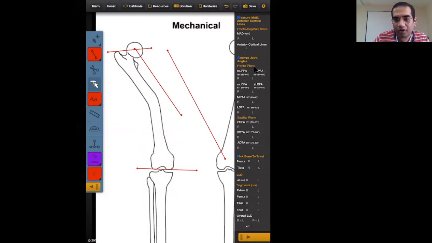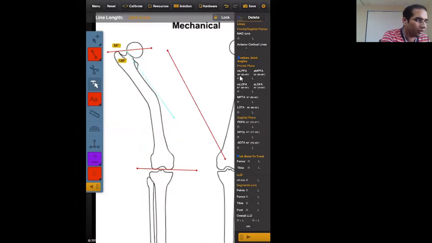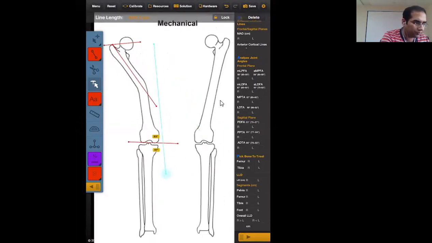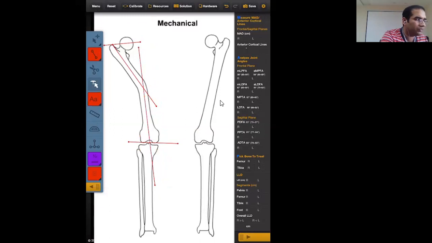So what's going to happen over here is we're going to draw the reference joint orientation, the mid diaphyseal line of the proximal femur. We are going to draw a lateral distal femoral angle at 81 degrees. This is going to give us the location of the deformity.